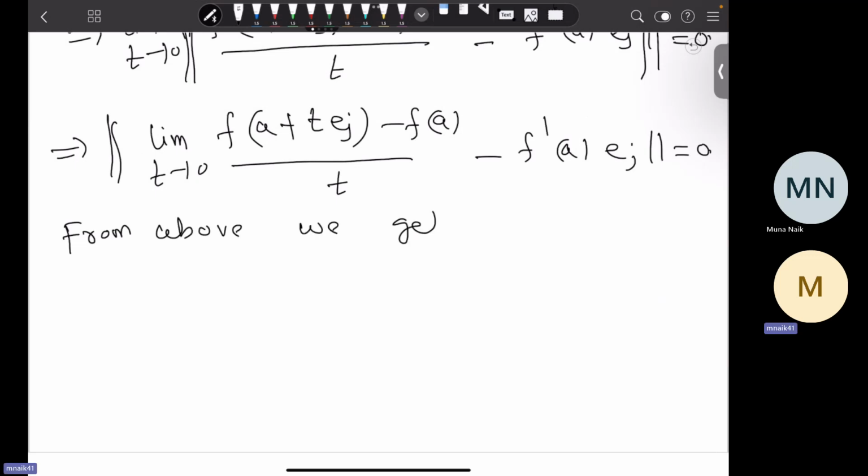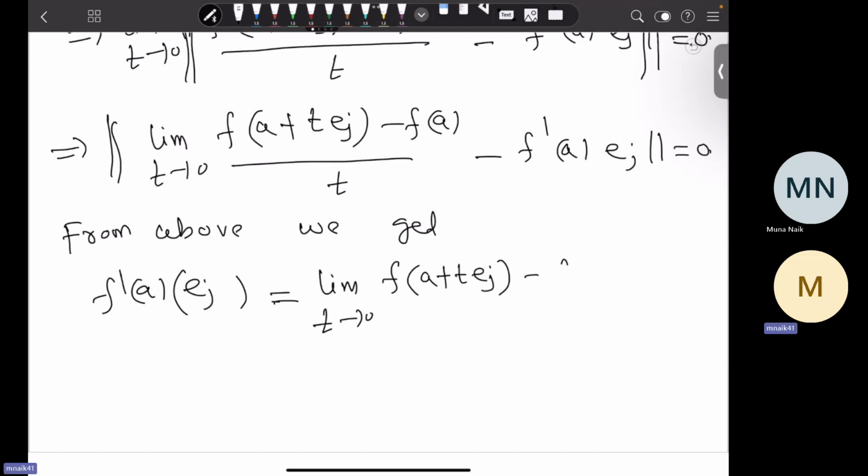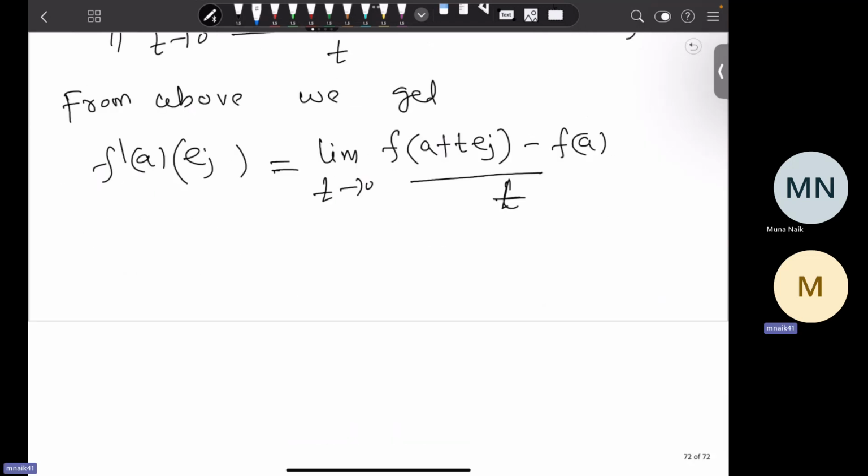We get this thing. So f prime of a is equal to the limit as t tends to 0 of f of a plus t e_j minus f of a, divided by t. So in particular, this limit exists. What is this, by the way?